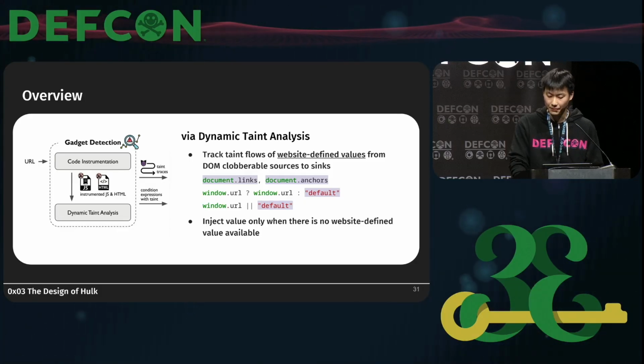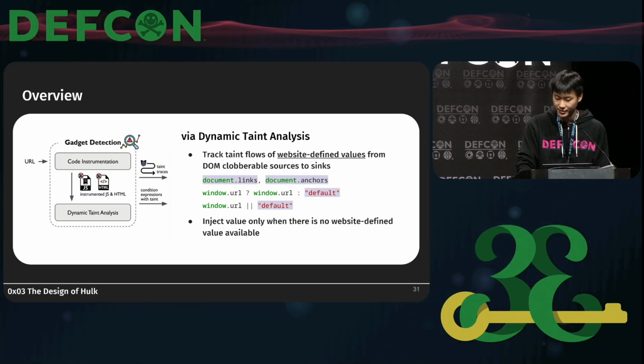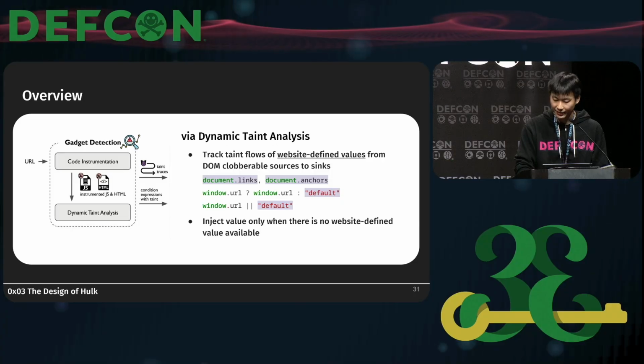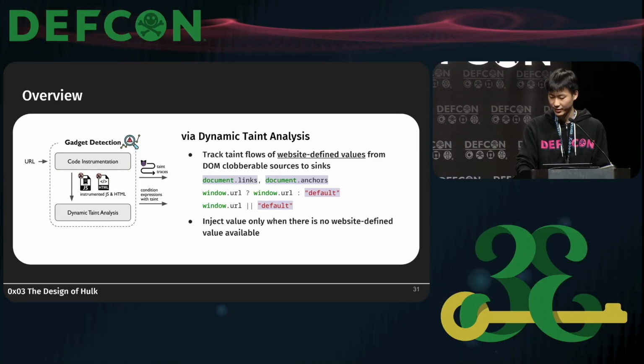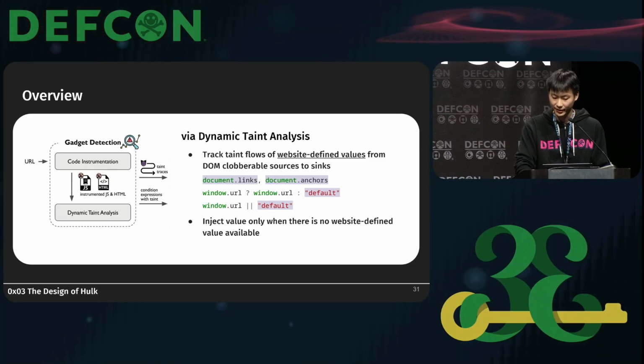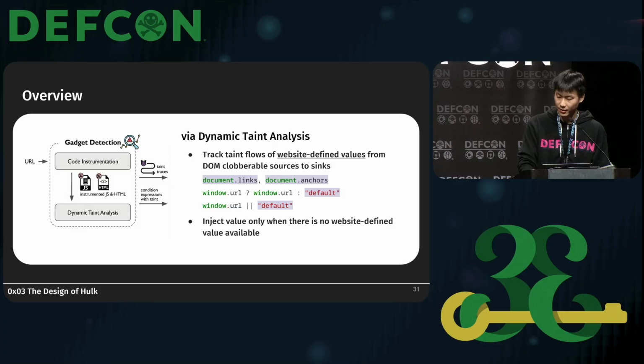This typically appears in fallback expressions like ternary operators or logical OR checks. In such cases, Hawk will track those fallback values instead and identify opportunities where the attacker-controlled value might take effect. And Hawk will only inject its own value, like a random value, when there is no website-defined value present as a fallback.